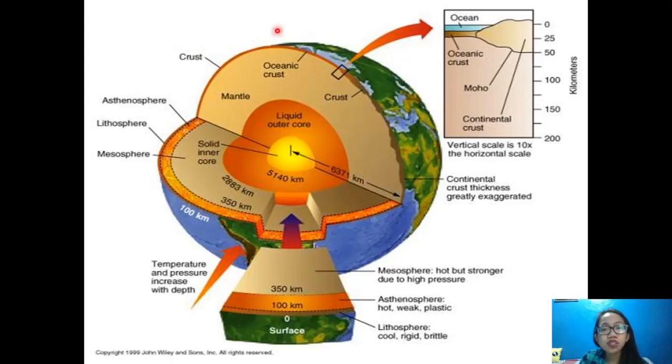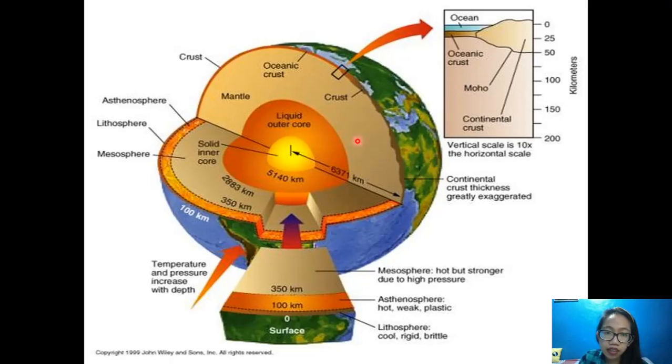Of course, your crust is the solid part of the planet, and it has two types, your continental and oceanic crust. Then you have your Moho, or the Mohorovicic discontinuity, the boundary between the crust and the mantle.